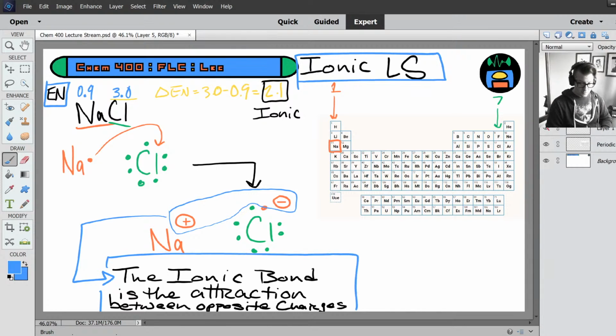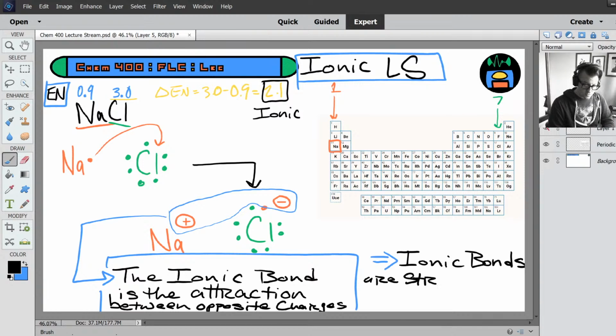in this molecule. A second thing that I want to say, and this is just worth noting, is that ionic bonds are stronger than covalent bonds.